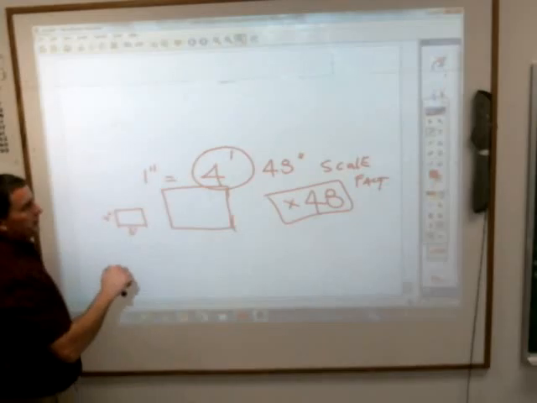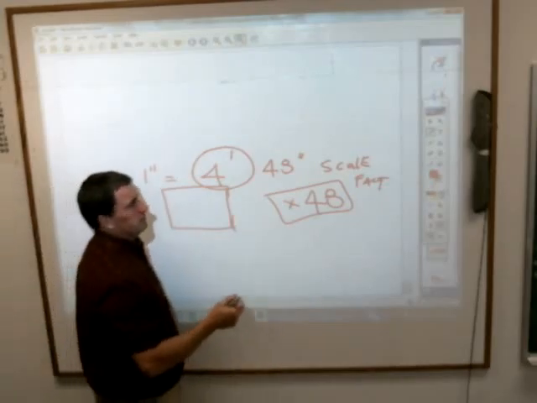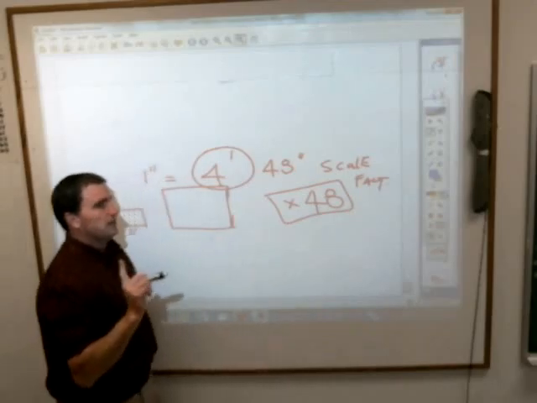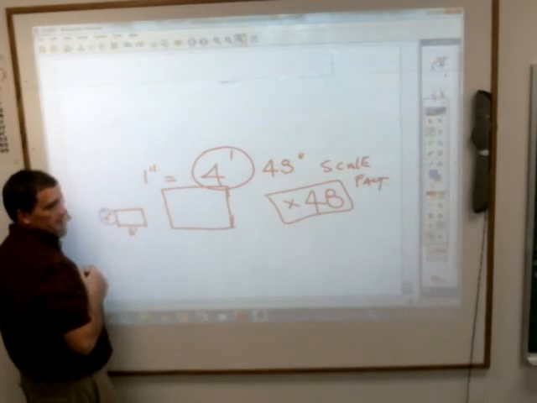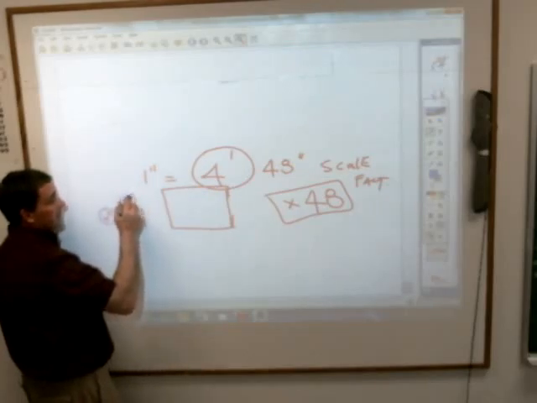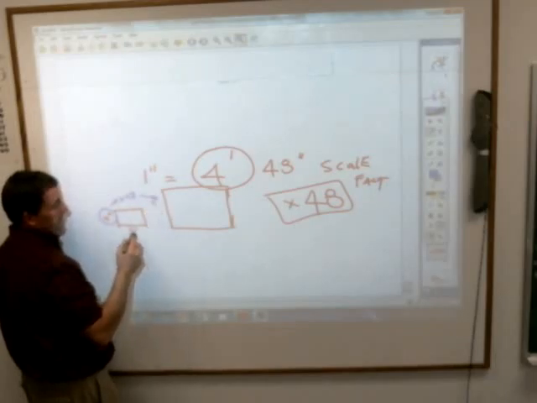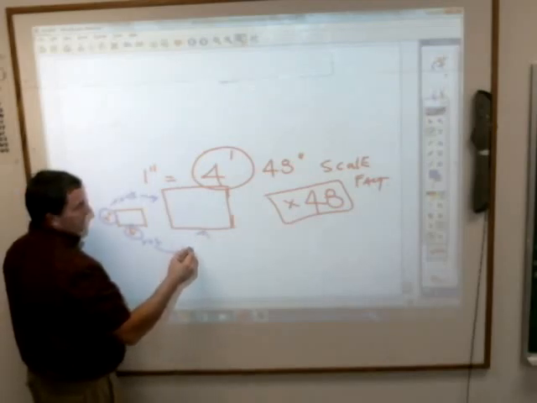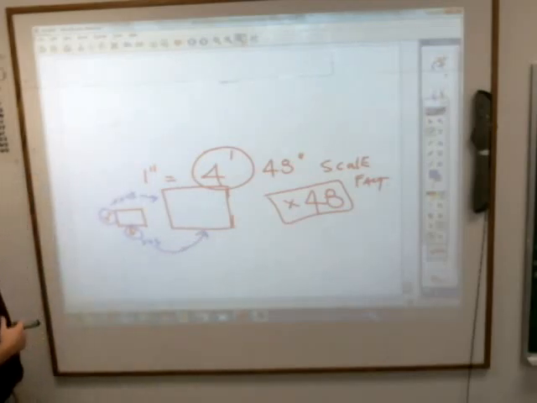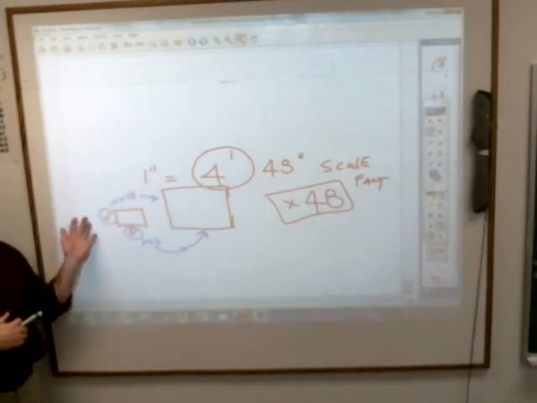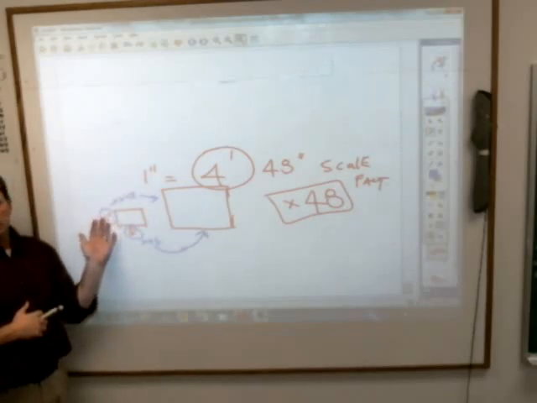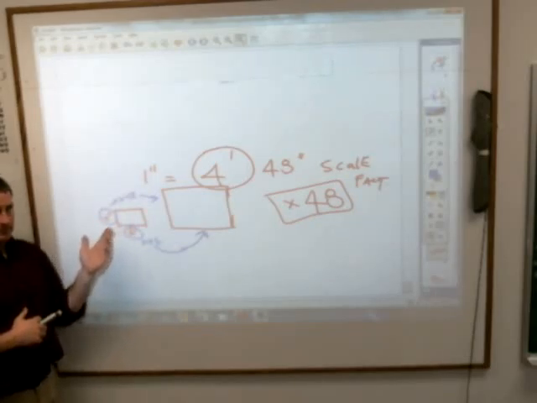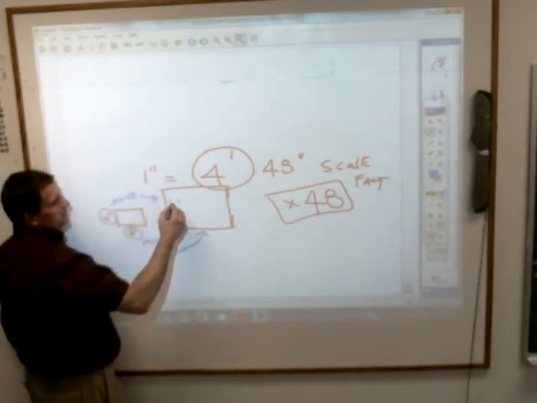First of all, you know the scale factor, right? Yes, you do. What's the scale factor? 48. Okay, 48 inches. So that means you're going to have to multiply everything here by 48, times 48 here to get to this new one, and times 48 here to get to this new one. 48 times 4 is 192 inches.